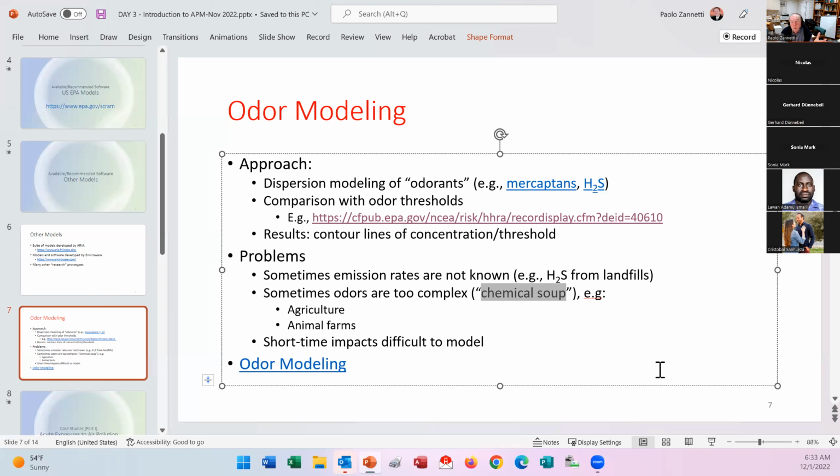It's a chemical soup, and so it's quite a challenge to measure it. And even after you measure it, it's a challenge to understand which of the chemicals inside the chemical soup are really causing the problems.